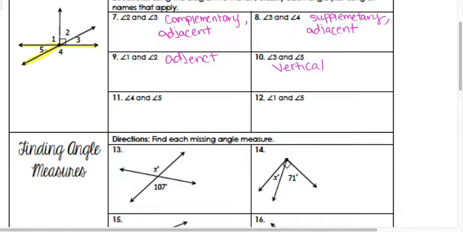Right off the bat, I could see that that is an adjacent. So I'm going to write that down because that was the first thing that stuck out to me. What else? I'm going to follow this all the way across, and what is that? Straight line. And what was that called? Supplementary.